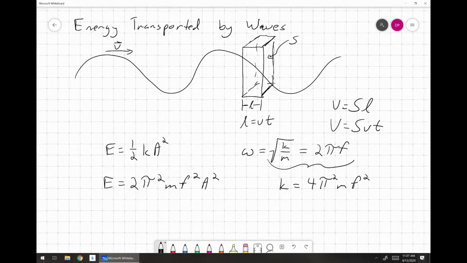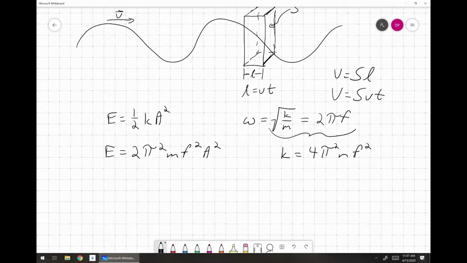So the mass is this density times the surface area S times the speed of the wave v times time.